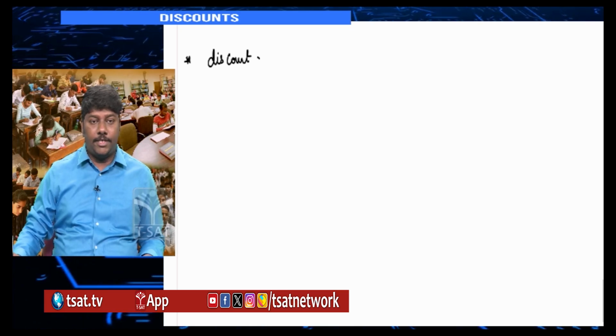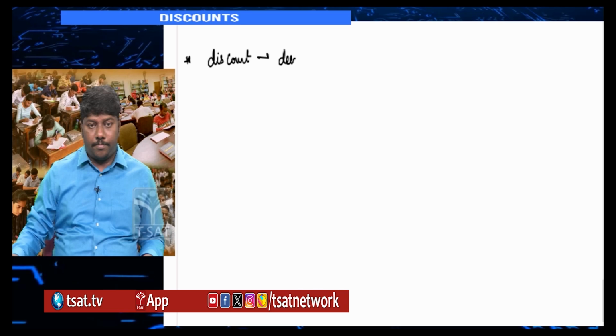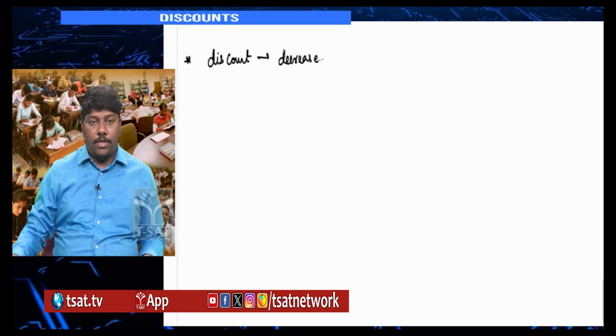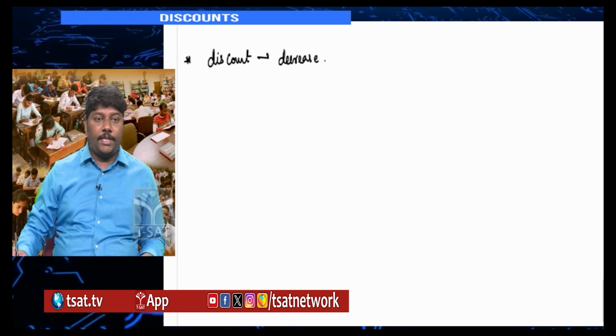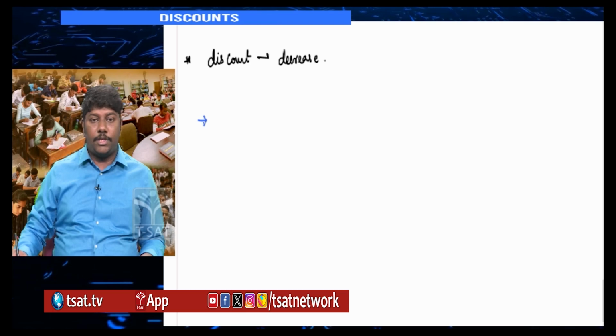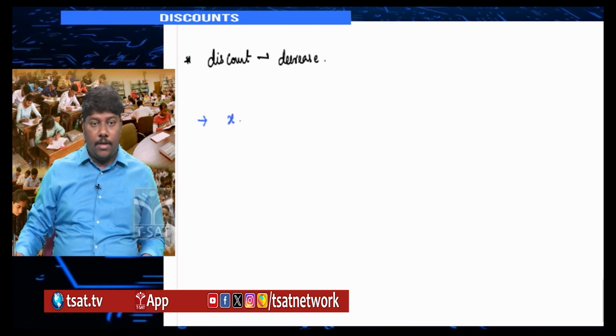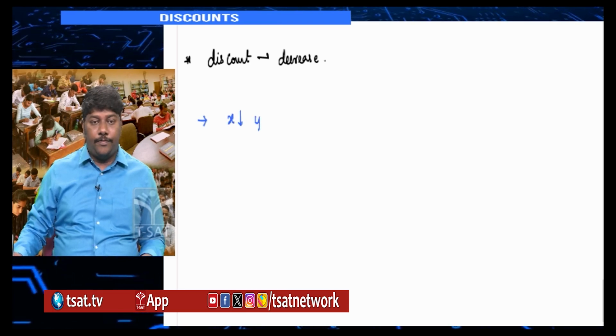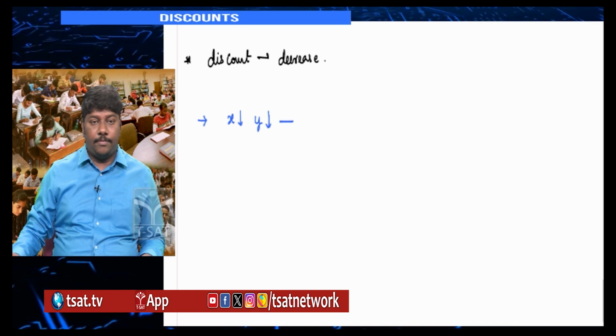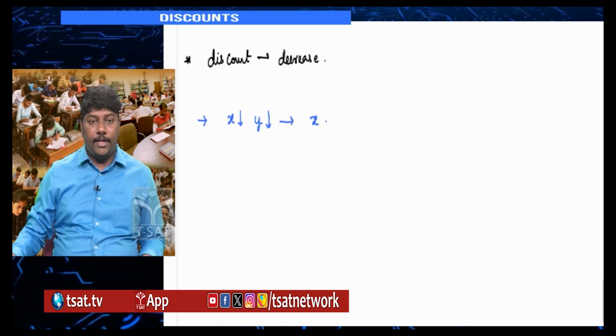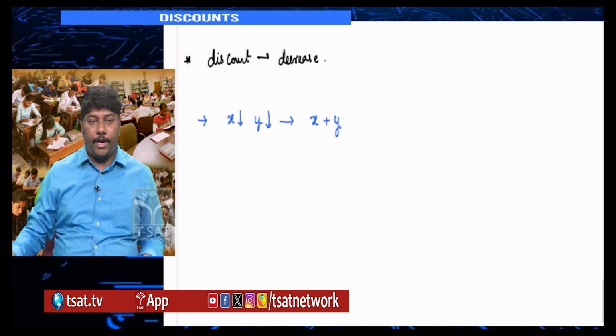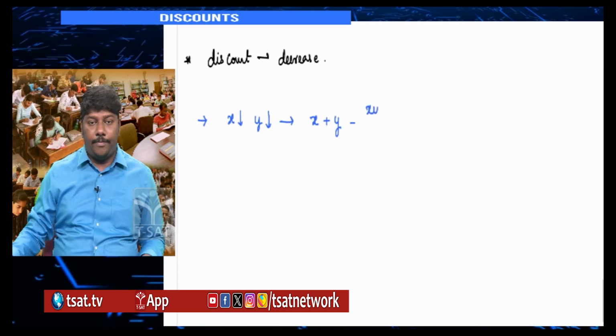Basically, discount means, in terms of percentage, a decrease. Usually they give one discount, but in some special cases they may allow 2 discounts also. If I say X% decrease followed by Y% decrease, it is a single decrease of X plus Y minus XY by 100.